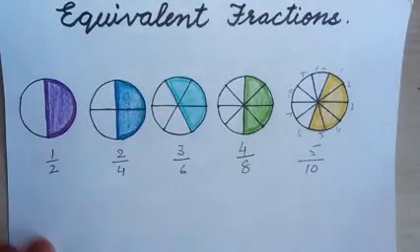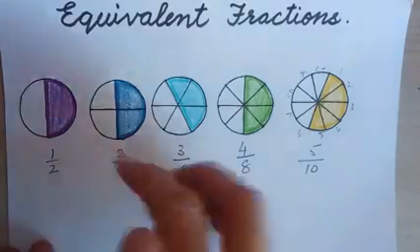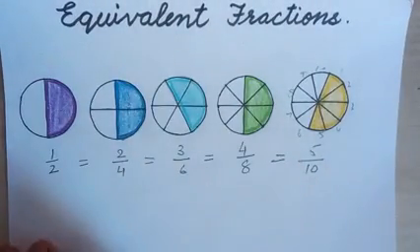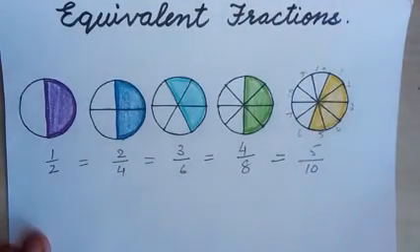In all the cases the same shaded part has been taken out. So these fractions are all called equivalent fractions.